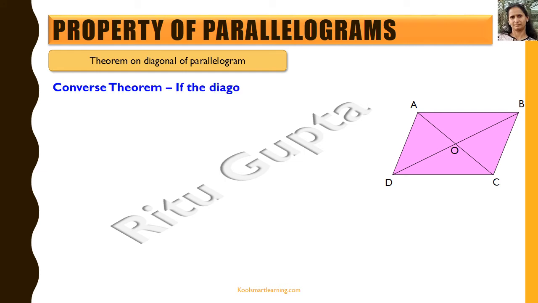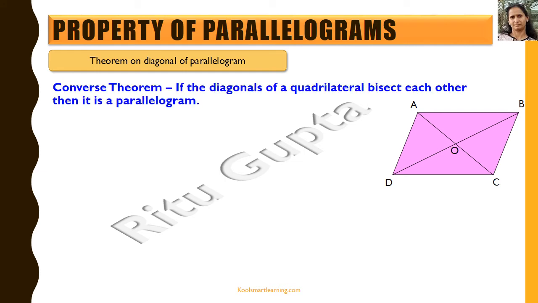Now if we look at the converse theorem, it says that if the diagonals of a quadrilateral bisect each other, then it has to be a parallelogram. So again we have the same figure with the two diagonals drawn. Here we have a quadrilateral ABCD with diagonals dividing each other into two equal parts, so they are bisecting each other.